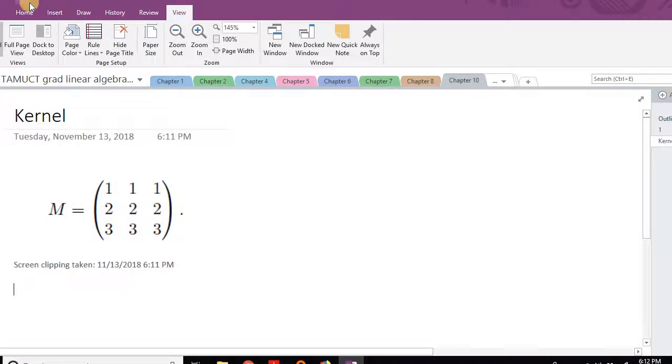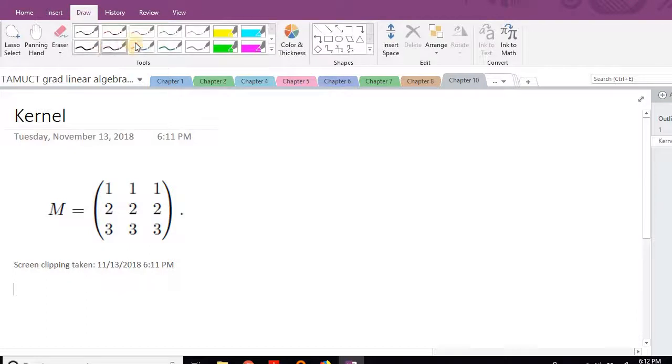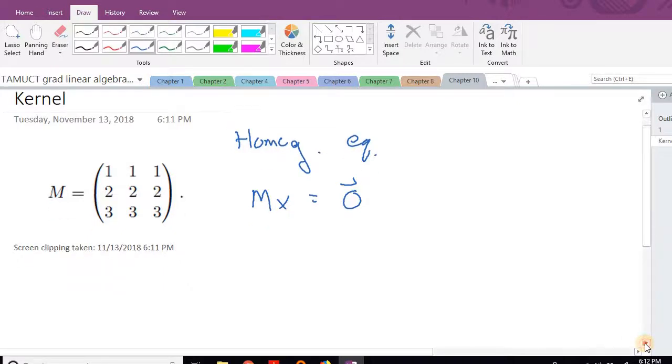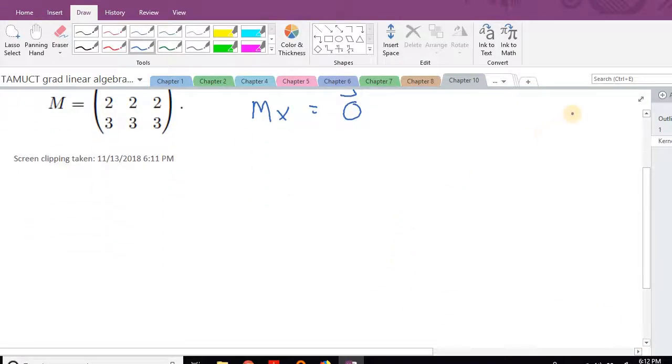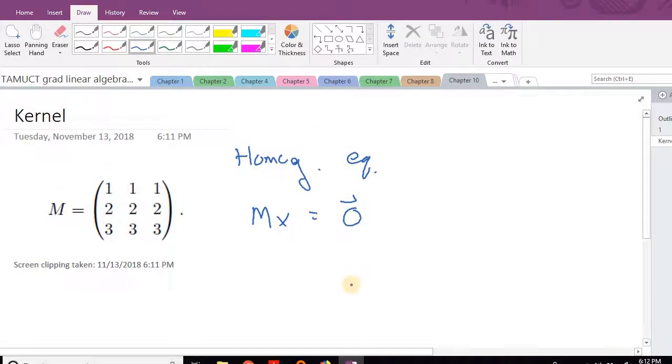So the homogeneous linear equation is Mx equals 0, and that's the 0 vector. All right. So let's turn the usual crank. Whenever you have a system of linear equations, you create the augmented matrix.